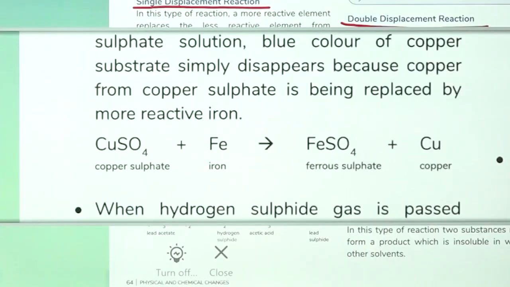When blue color copper sulfate reacts with iron, it leads to the formation of ferrous sulfate and copper is displaced from this reaction. This is a single displacement reaction because only one substance or one element is being replaced from its original position.